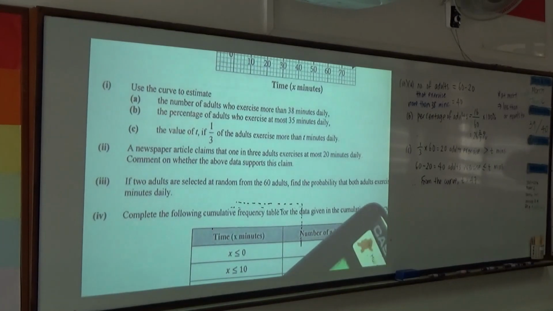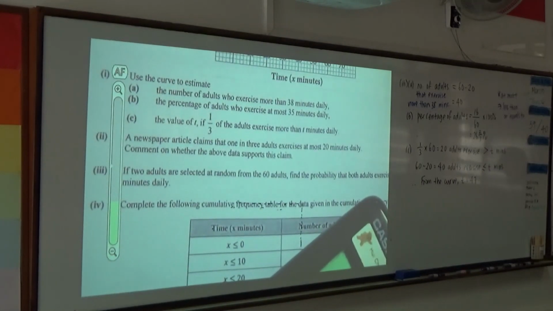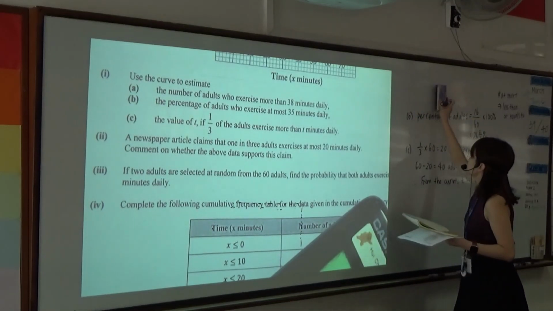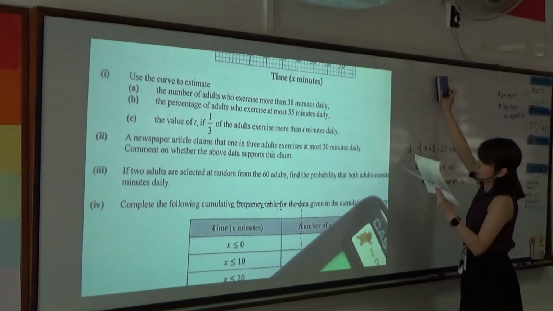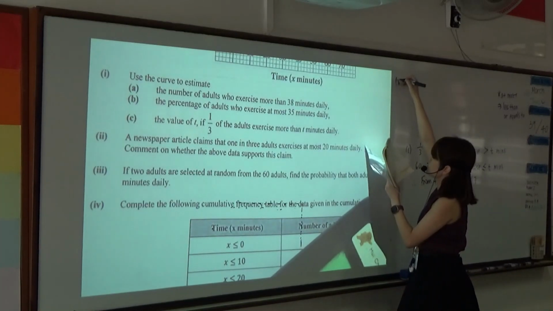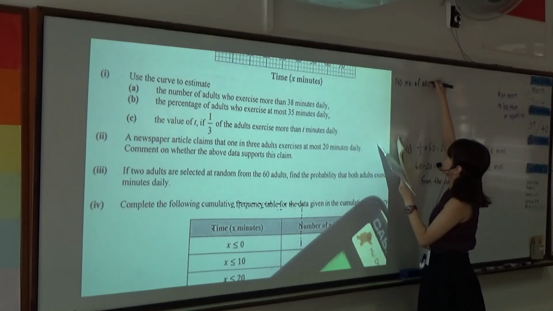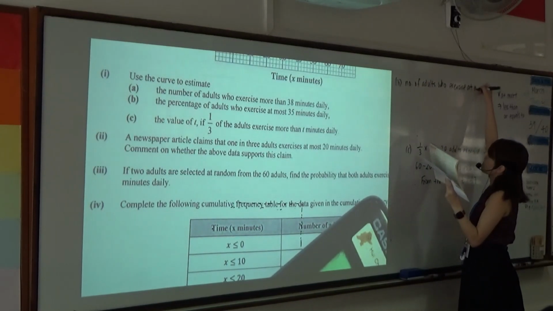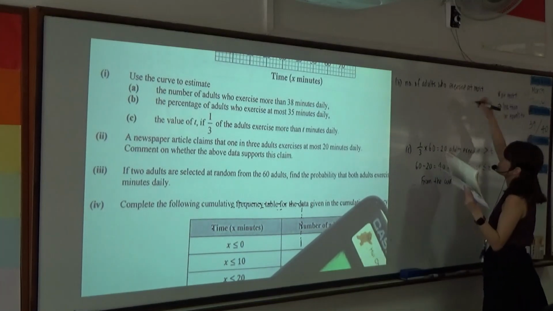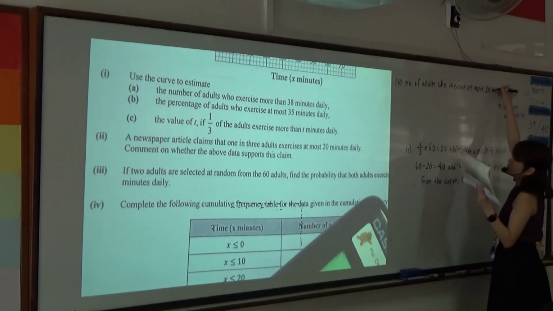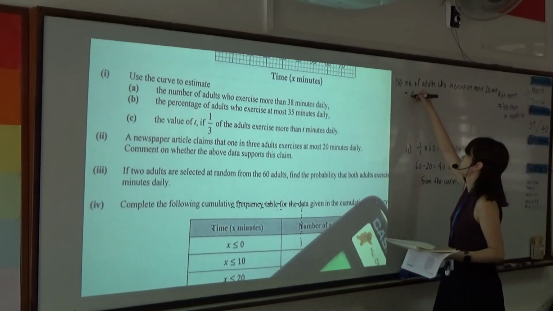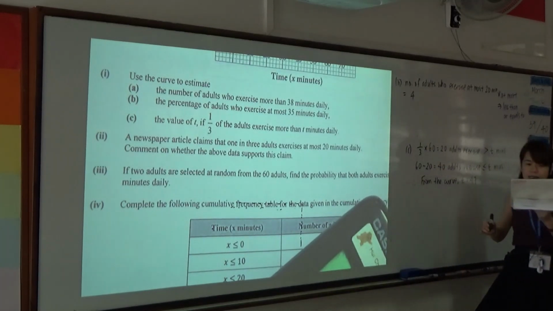Sorry, let me just stabilize this. Okay, so reading from the graph itself, you'll find that there are 4 adults that actually exercise at most 20 minutes daily.